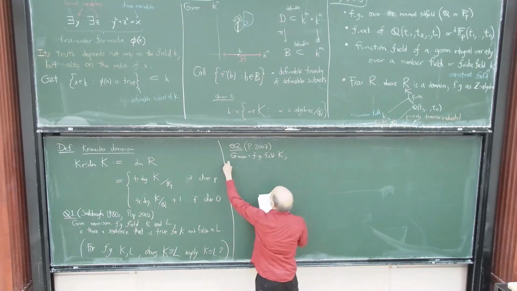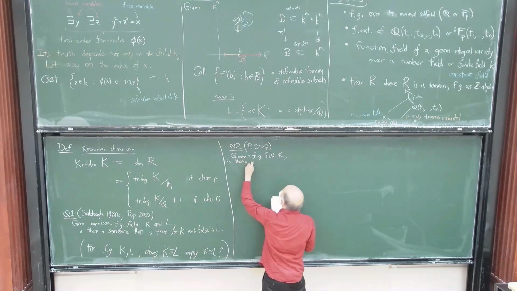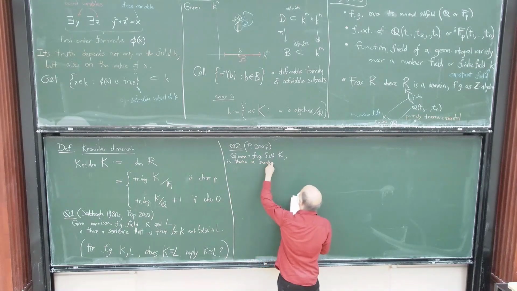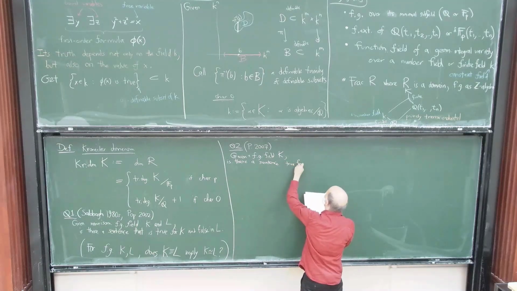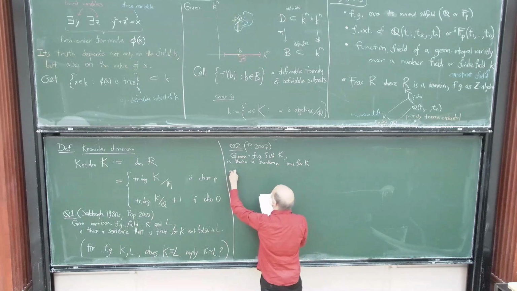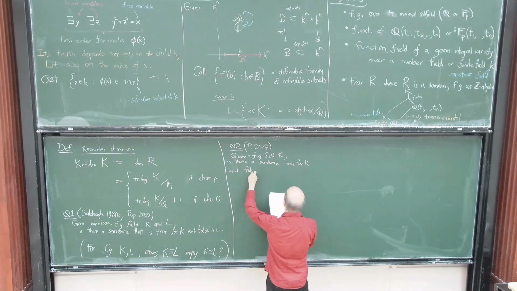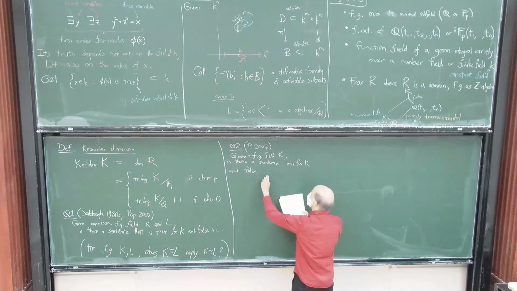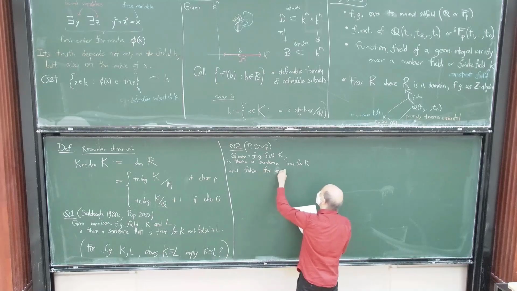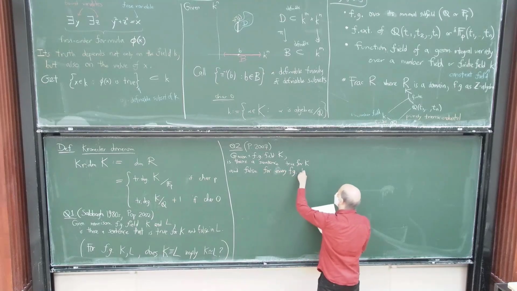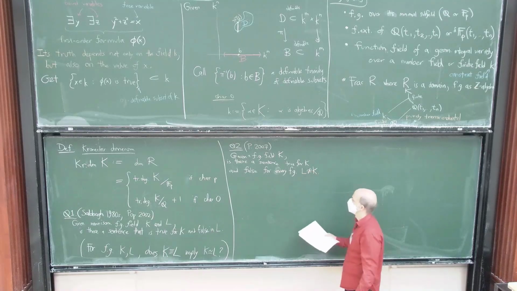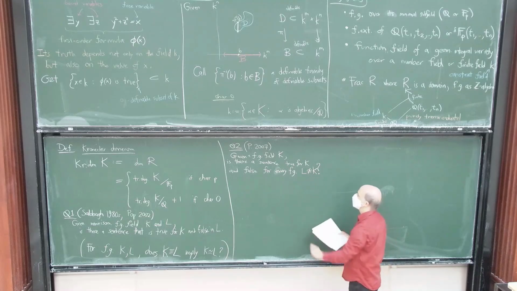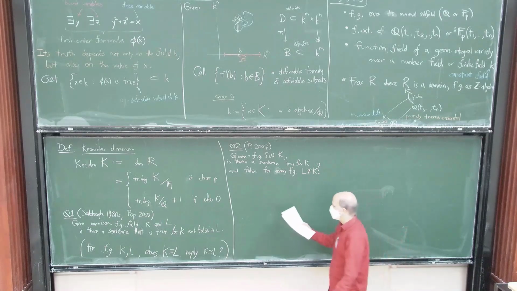So is there a sentence that's true for K and false for every finitely generated field, other than K, of course? It's like the sentence that picks out K.